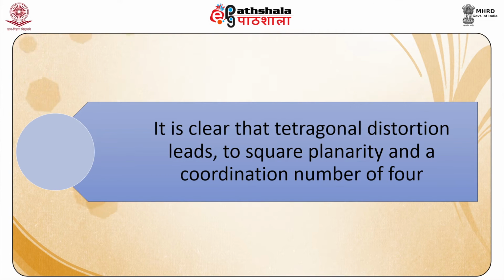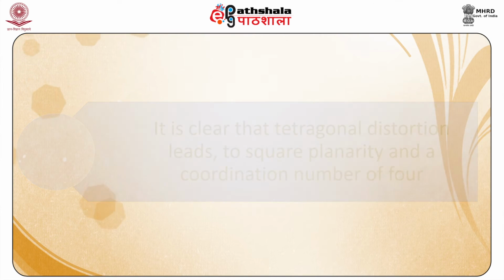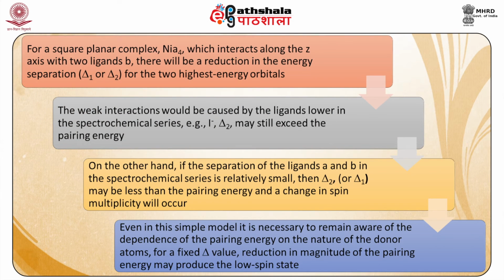It is clear that tetragonal distortion leads in the limit to square planarity and a coordination number of 4. Proceeding in the reverse direction, for a square planar complex NiA4 which interacts along the z-axis with two ligands B, there will be a reduction in energy separation delta 1 or delta 2 of the two highest energy orbitals.